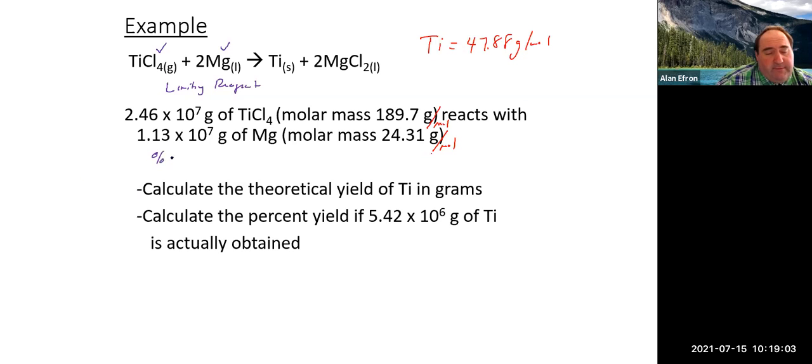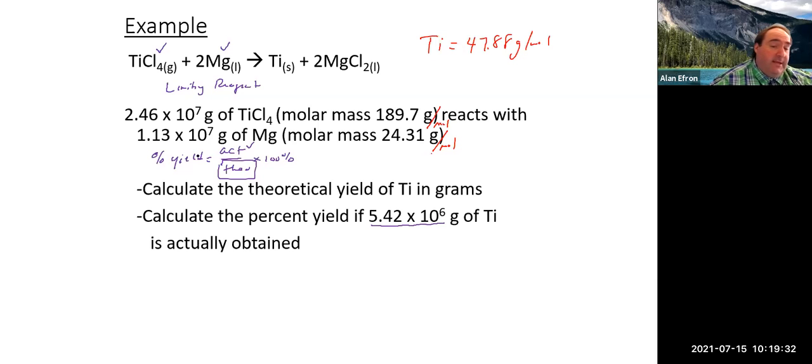And remember that the percent yield is the actual divided by the theoretical times 100%. In this particular case, they already gave us the actual yield, but we do not have the theoretical yield given to us, so we do need to do a stoichiometry problem here to figure it out.